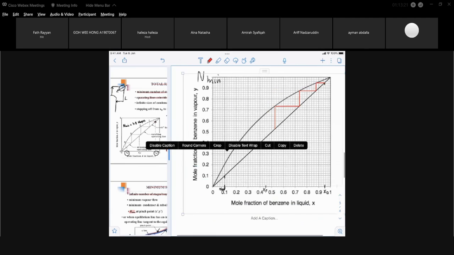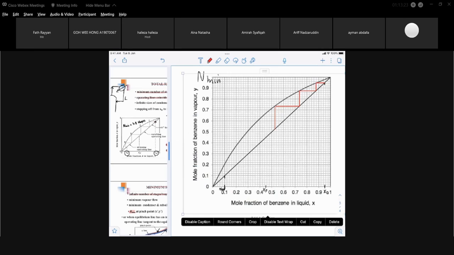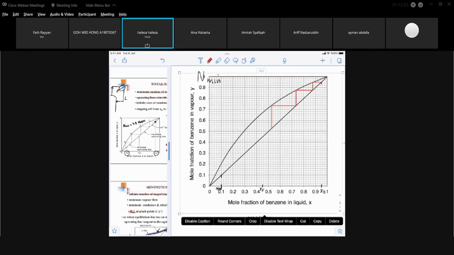Okay, so I'm struggling in here. But you get the idea that you're supposed to do the steps until you reach the end, the XW line.